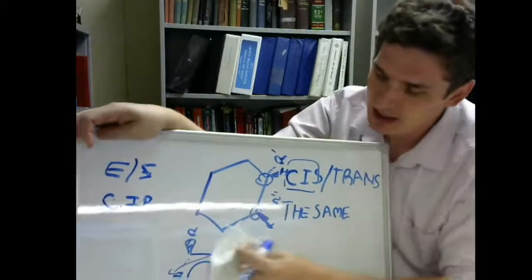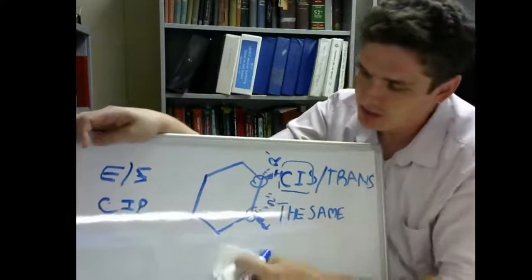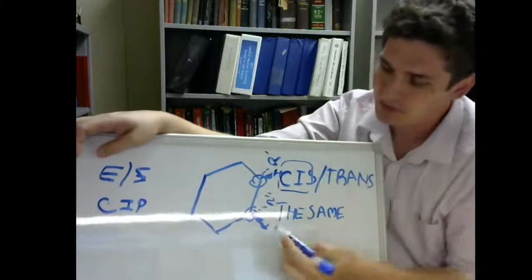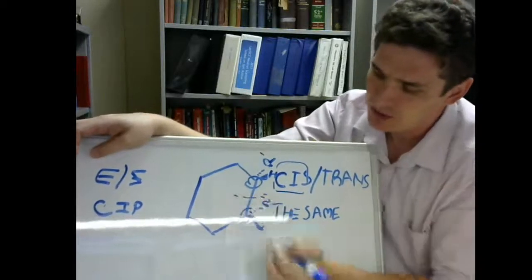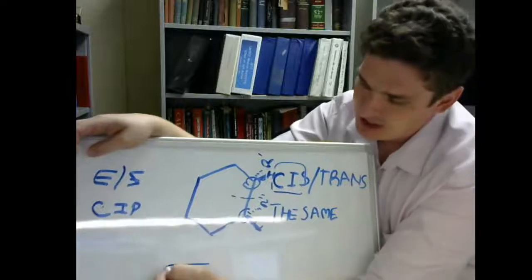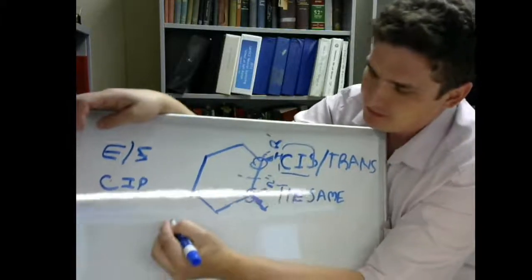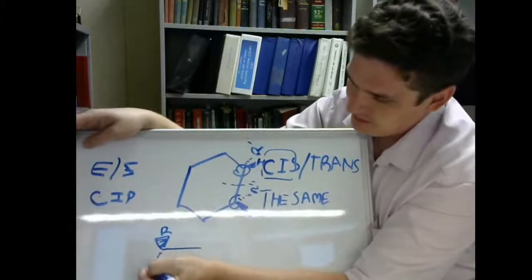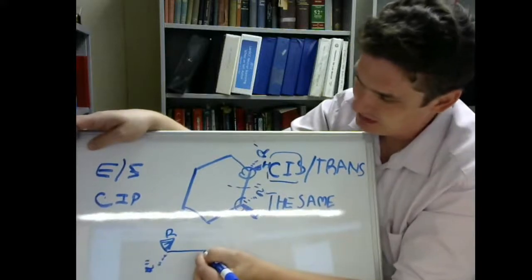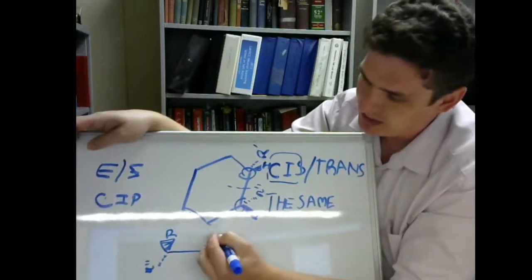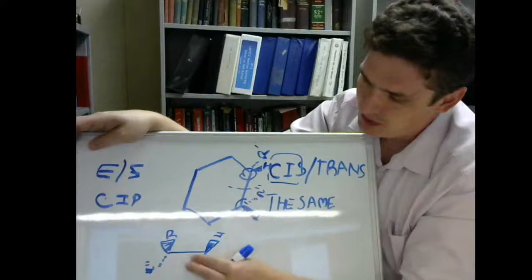What it does is that you assign a priority to each group on the two carbons. So we're going to split the bond in half. In this case, we've got the R coming up, the R double prime coming down, the hydrogen coming up, and the R prime going down.